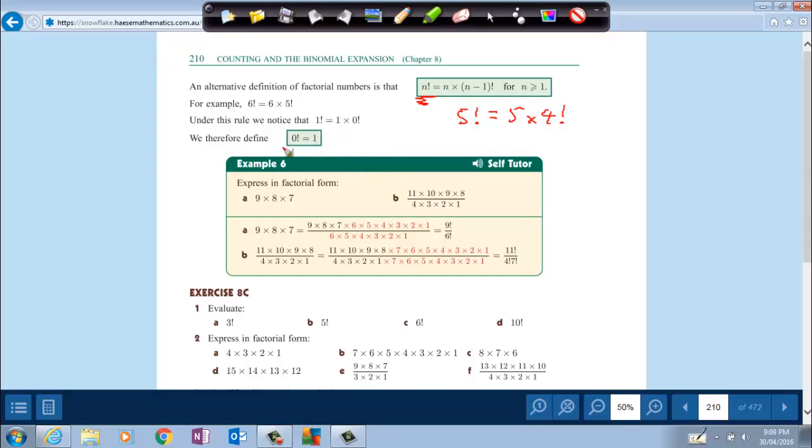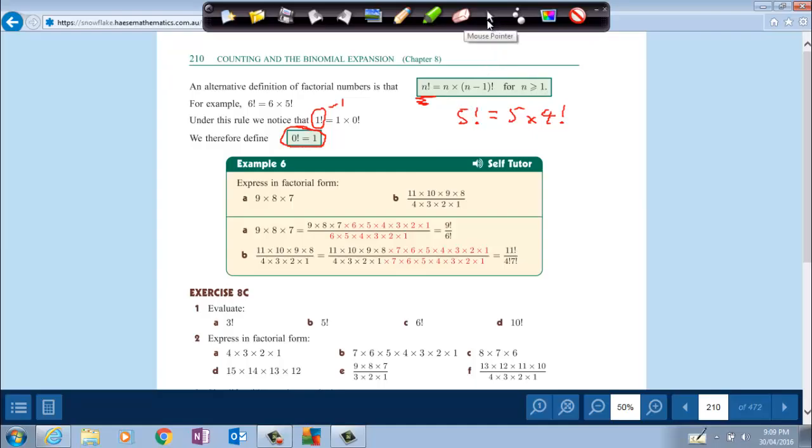Also note that 0 factorial is equal to 1, because notice that under this rule we would say 1 factorial is 1 times 0 factorial, and we know that 1 factorial is 1, so we can't have that being 0, it's got to be 1 times 1, so that's why 0 factorial has to be defined as 1.